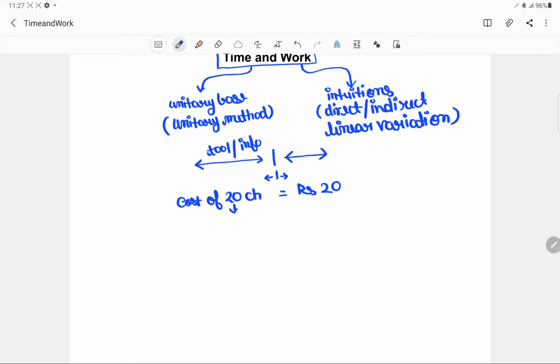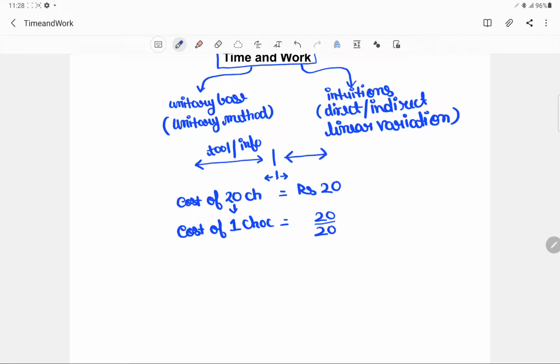Whatever is given on the left, we'll convert it to 1. So we'll find out the cost of one chocolate. Based upon your intuition, you will agree that obviously the cost of one chocolate would be less, so you will divide it by 20.